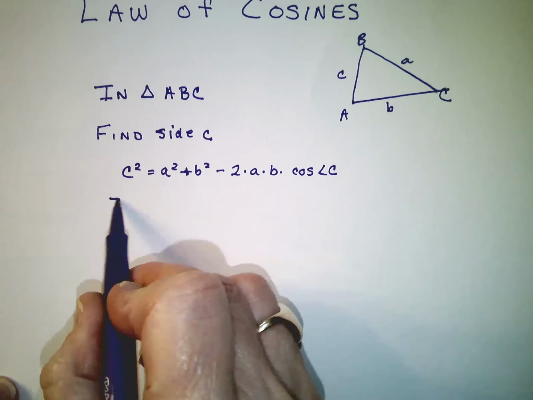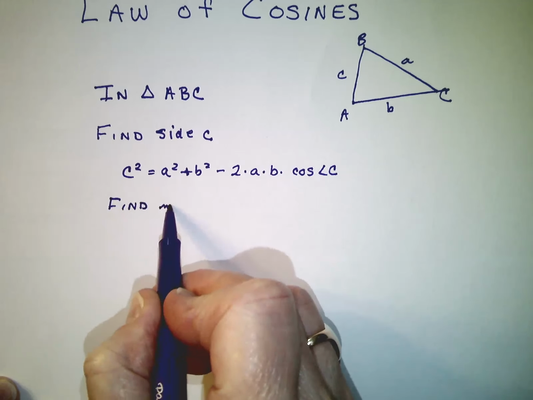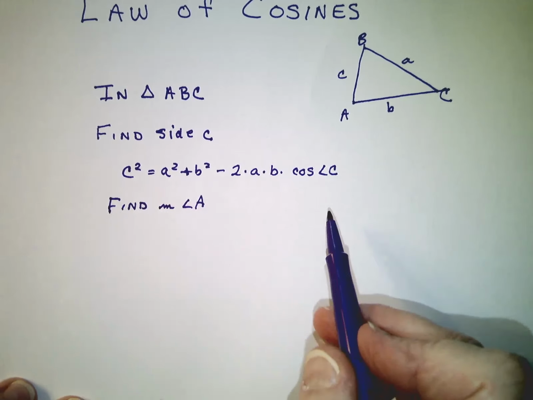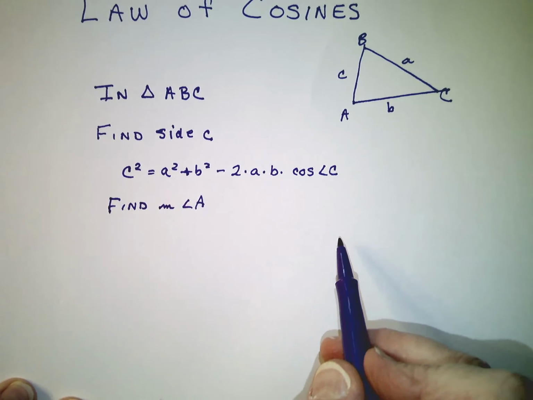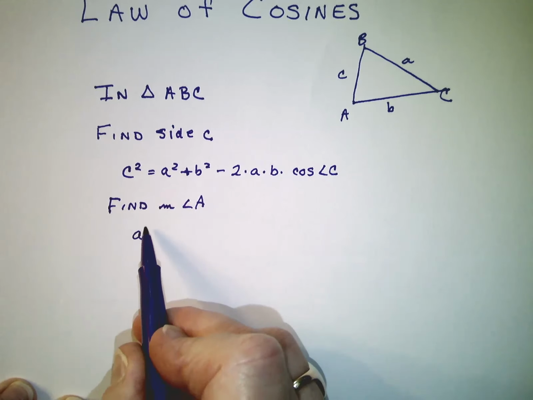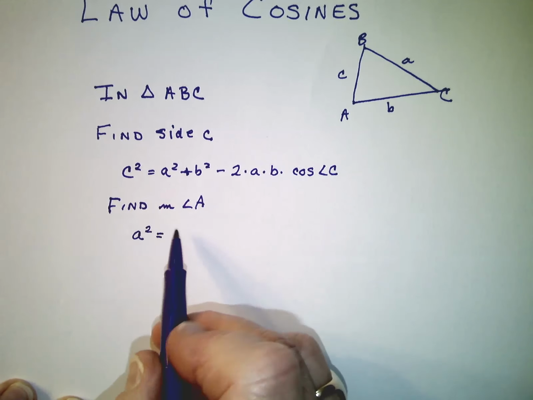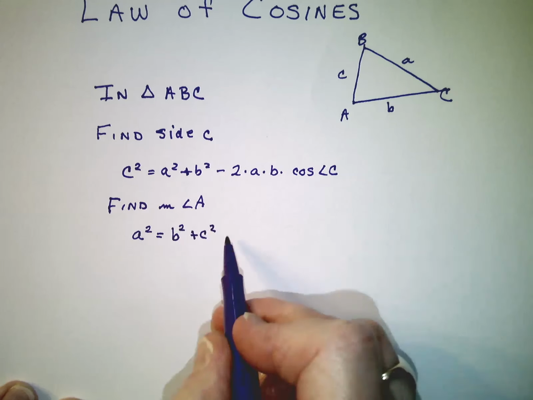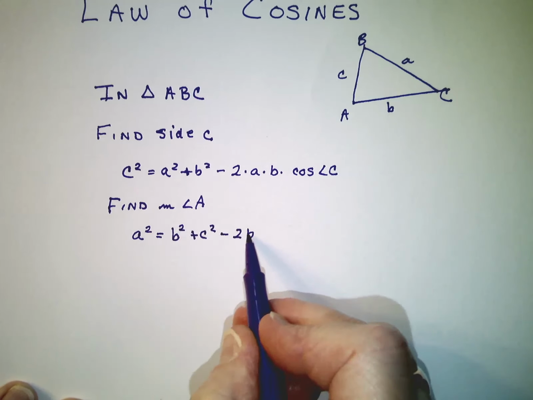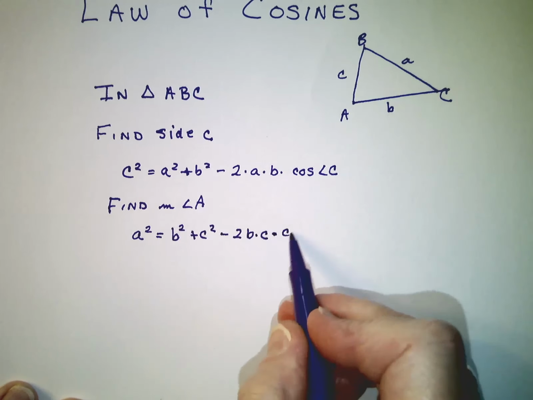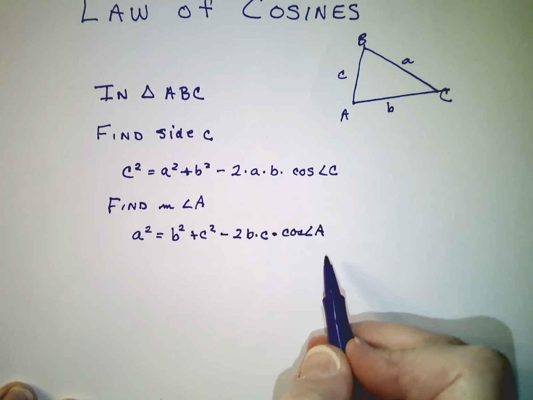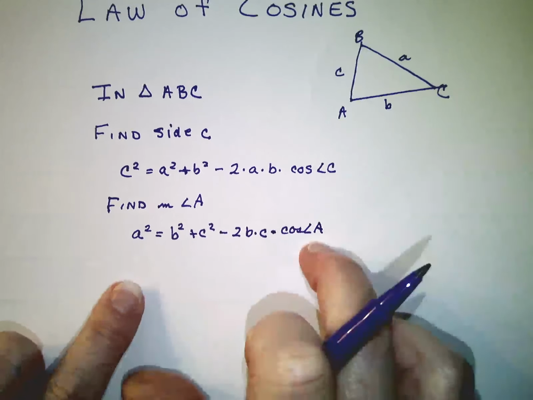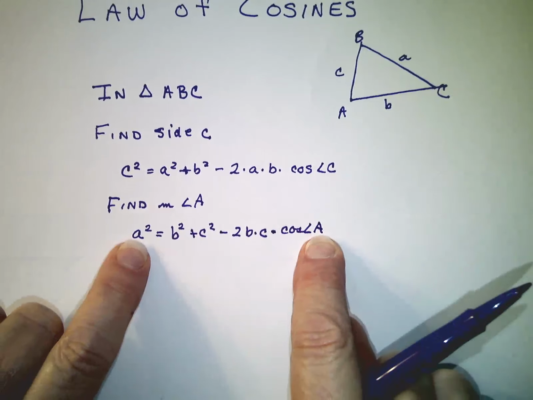If we are asked instead to find the measure of angle A, well, that means the equation is going to have to end with angle A, and it's going to have to start with side A. So it'll be a squared is going to equal the sum of the squares on the other two sides minus 2 times b times c times the cosine of angle A. So whatever we're looking for, that's what determines the ends of the equation.